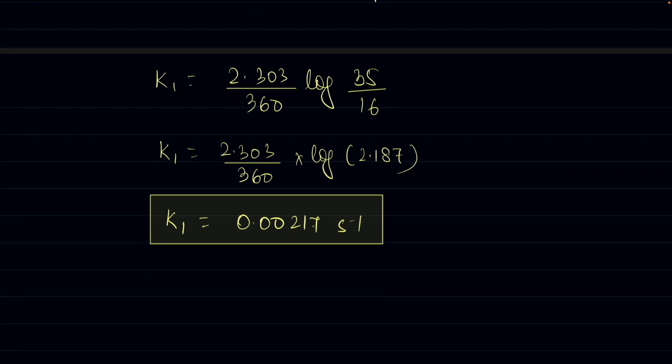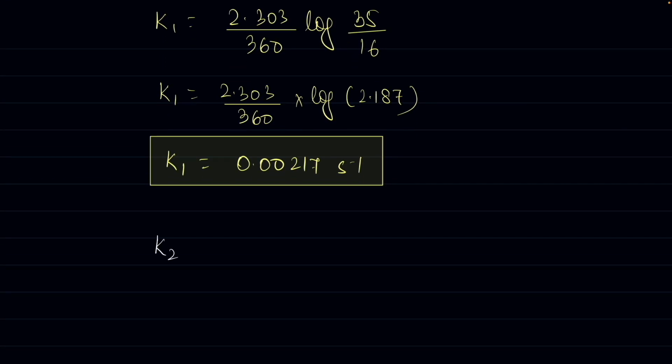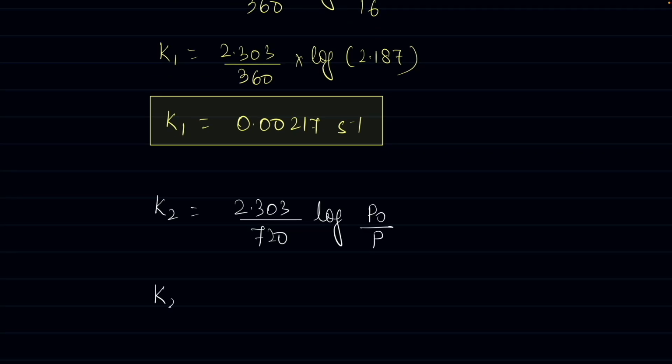Again we repeat the same process, but here the P value is 7 mm and P naught remains 35 mm. So K2 is equal to 2.303 divided by T2, which is 720, log P naught by P. K2 is equal to 2.303 divided by 720 log 35 divided by 7.